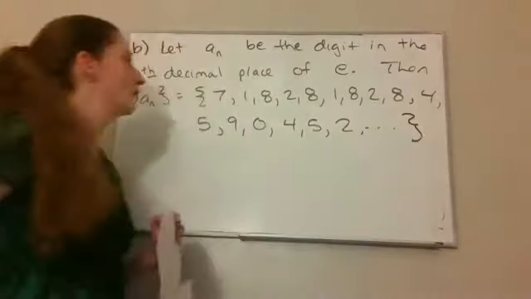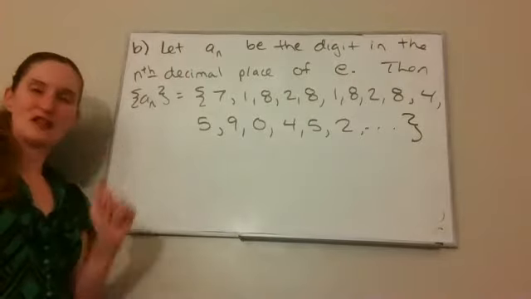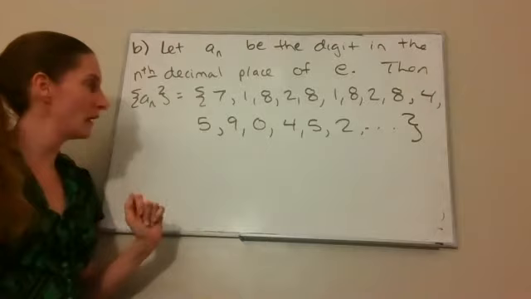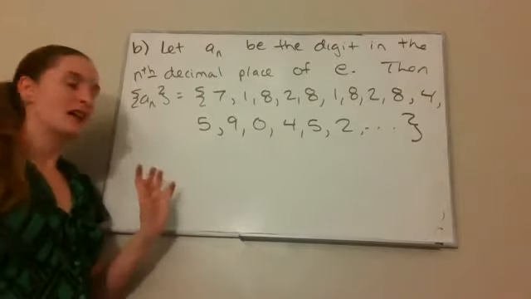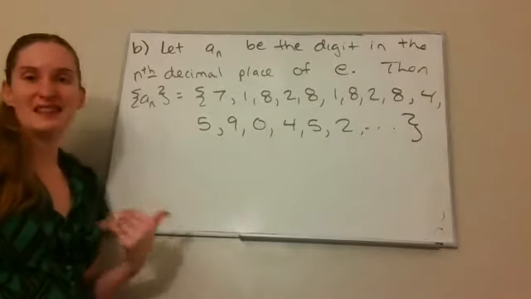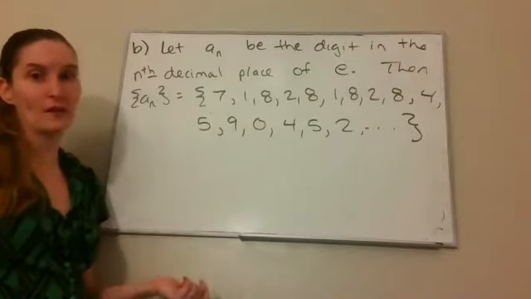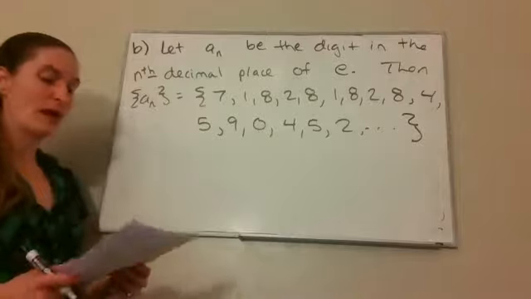This sequence would go on forever. And of course, yes, there's a 2 at the beginning of e, but I'm talking about the decimal places after the decimal point. There's no specific formula that will generate the next digit of e for you. It would just go on forever with a specific order, but no equation defining it.